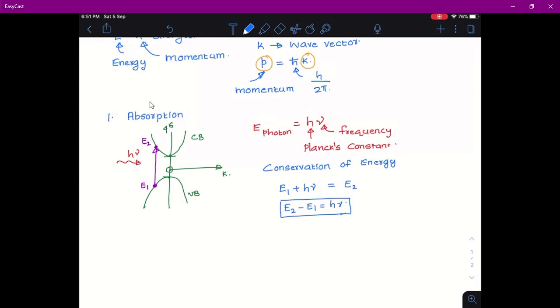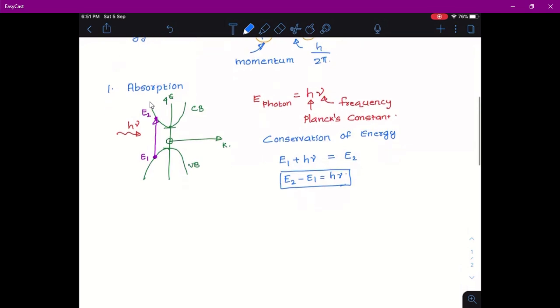Energy can neither be created nor destroyed. So whatever energy is there from the photon is used by the electron to move to the conduction band at a higher energy level. That difference in energy is the energy supplied by the photon, which is h nu. This is basically absorption.